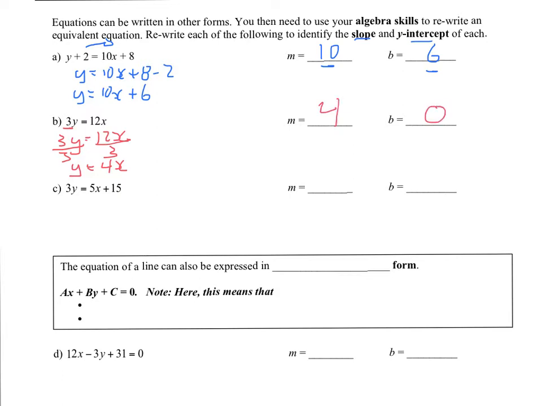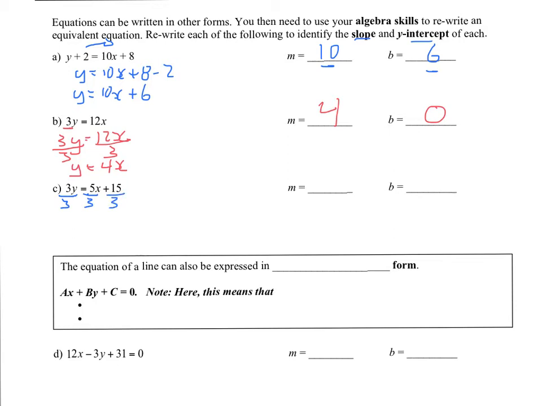And in this other sample in part C, a lot of people have problems with this. We've got to divide all things by 3. Some might just divide this by 3 and forget that other term.